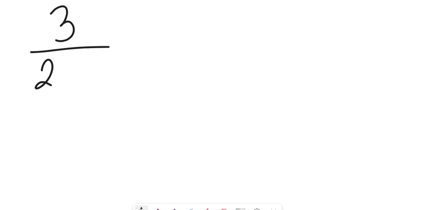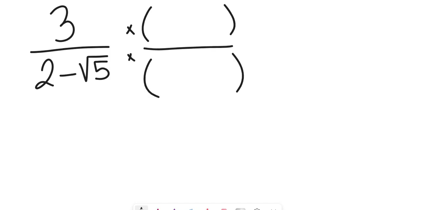3 over 2 minus radical 5. This time we have 2 different terms in the denominator. The only way to get rid of this is by multiplying both numerator and denominator by something that is called the radical conjugate.